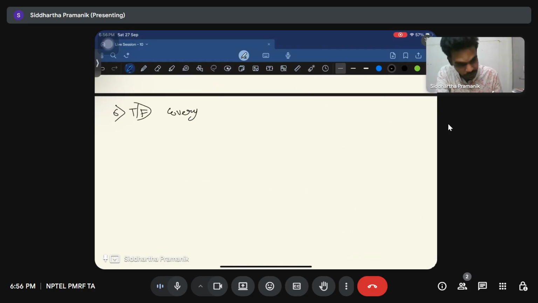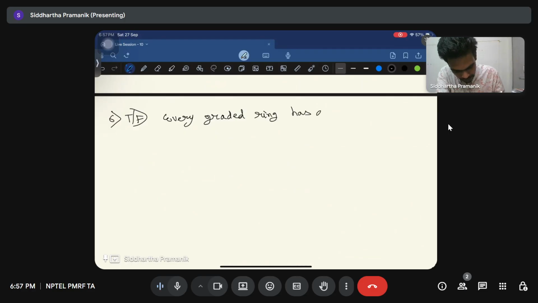The statement is: every graded ring has a homogeneous prime ideal. So this is true or false.